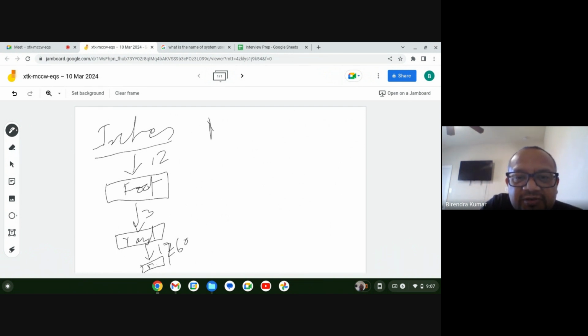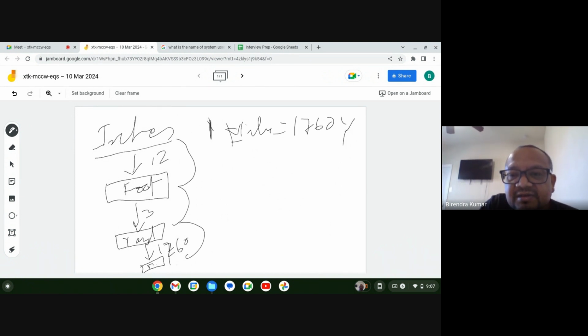Now let's look at 1 mile. Let's go backward from here to here, here to here. Every mile has how many yards? 1760. 1 mile has 1760 yards.